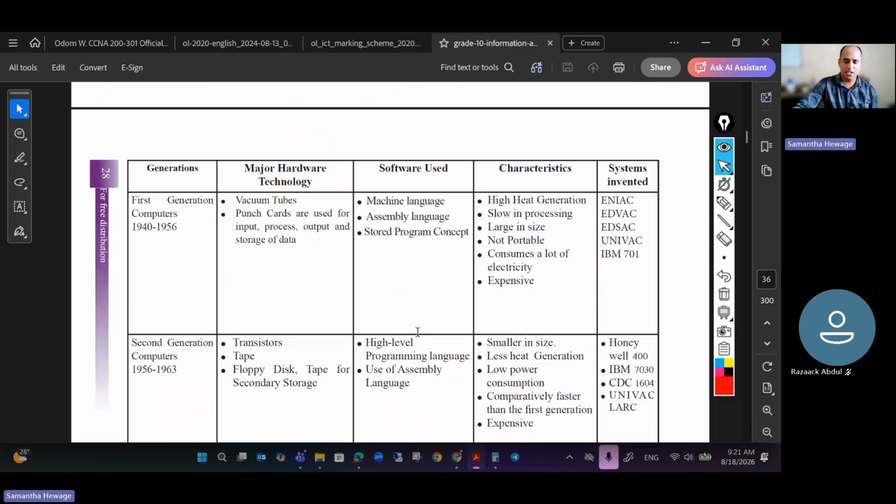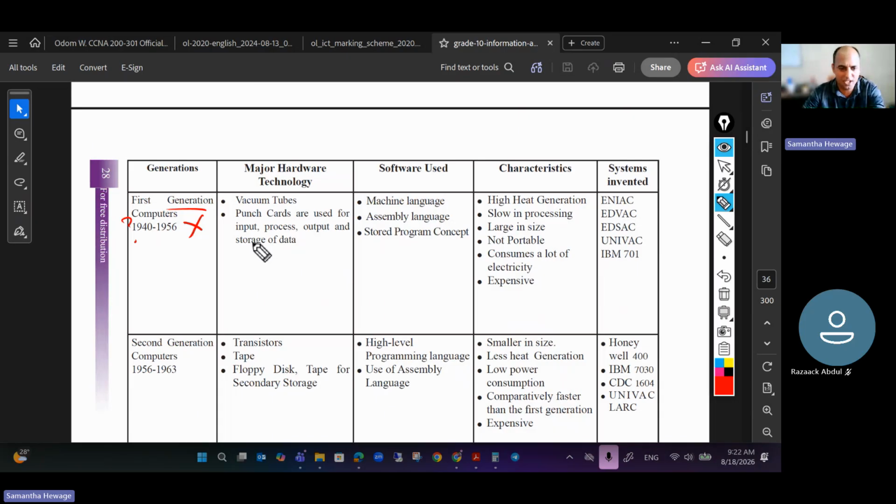We just go through them one by one quickly. This is like a recap. First generation: don't worry, they will not ask the year. You don't have to memorize that. But sometimes in O level ICT, we should have some memorizing part as well. If you cannot remember, that is the disadvantage for you.